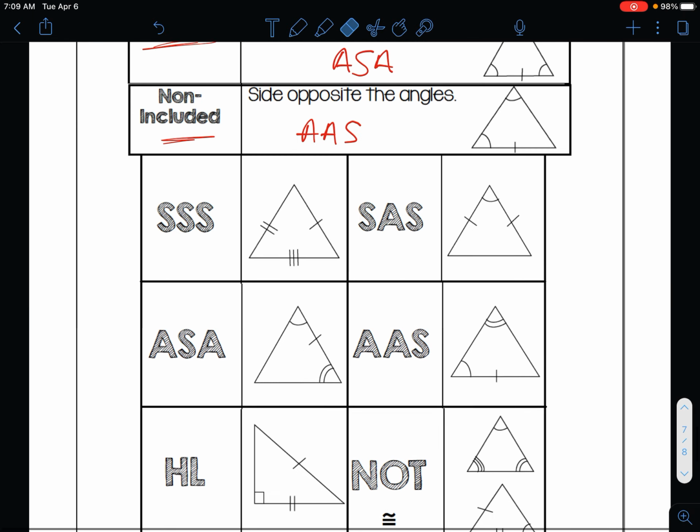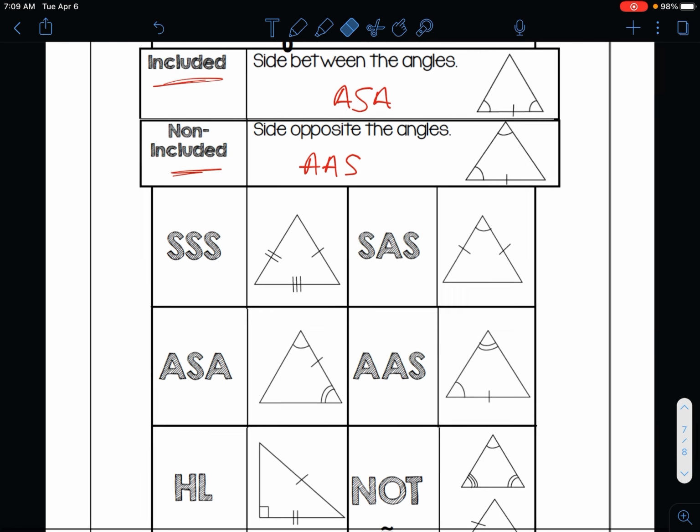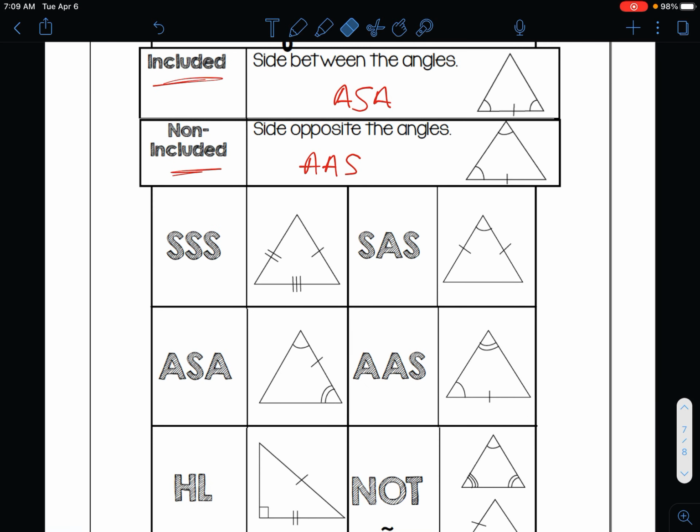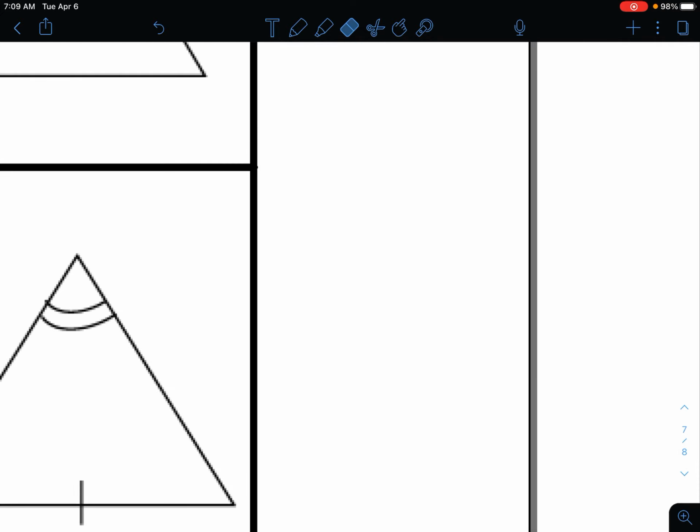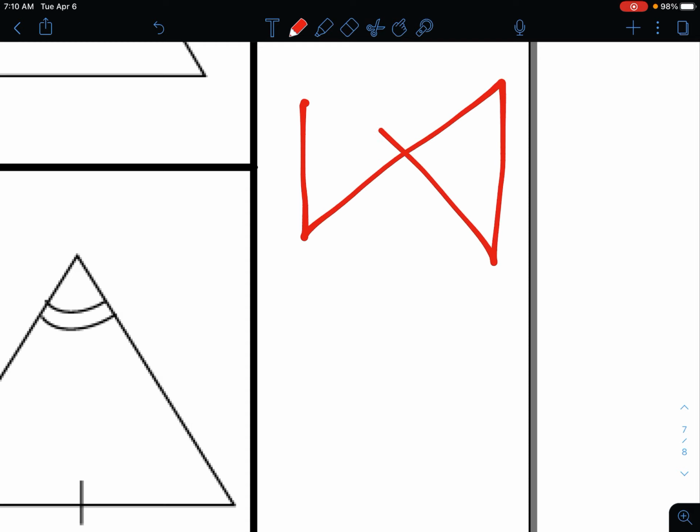What you might want to do is add to this page or take these concepts and make your own page of notes and put on those properties we talked about yesterday. So we had vertical angles.